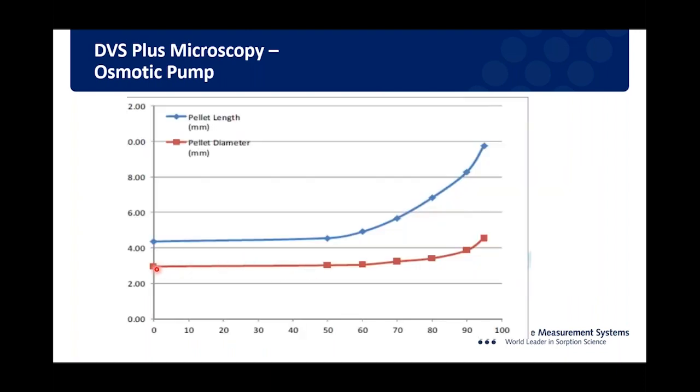But you can clearly see, we skipped some points, but it shows almost no change up to 50 or 60% relative humidity. Once you get above a critical relative humidity, you can see that the material swells significantly. There's obviously a phase change occurring once I get to very high relative humidities. And I can actually look at structural and physical dimensional changes using the DVS.